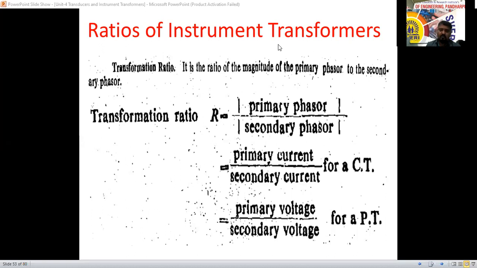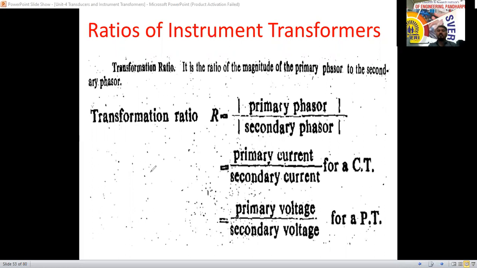Suppose we consider the primary voltage. Two windings are there. Primary voltage to the secondary voltage for the potential transformer. For the current transformer, primary current to the secondary current. The current transformer steps down the current from higher current to lower current.